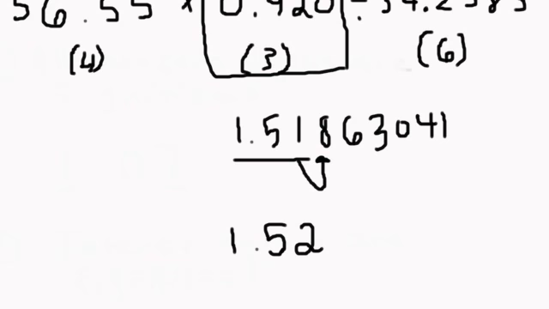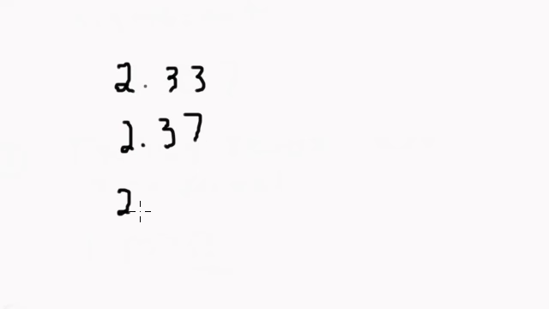Let's just continue doing some more rounding. So for instance, if I gave you the numbers 2.33, 2.37, 2.34, and 2.35, and let's say we want to round all of these numbers to 2 significant figures only.